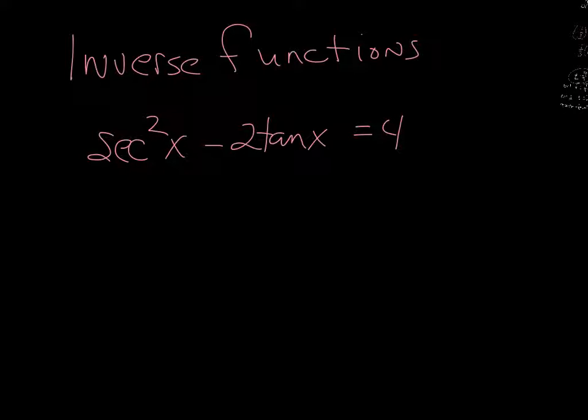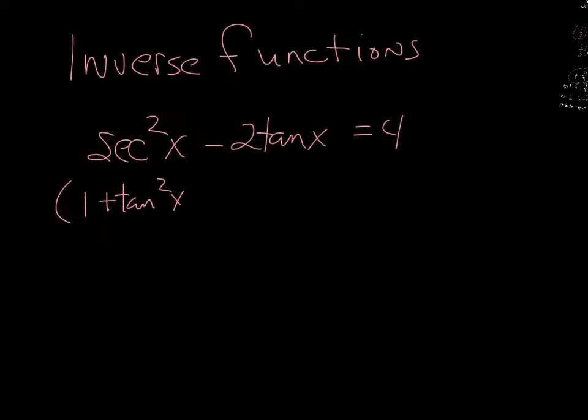What do I need to do here? Move the 4 over. Anything else? Okay. We need to use an identity. We don't want secant squared and tangent. Since tangent's linear, we'll rewrite secant squared in terms of tangent squared, which is 1 plus tangent squared x.